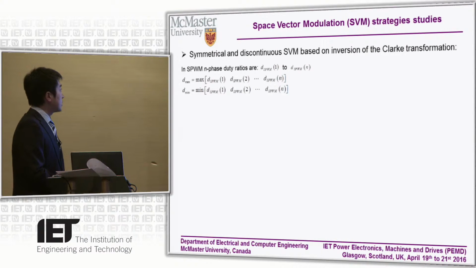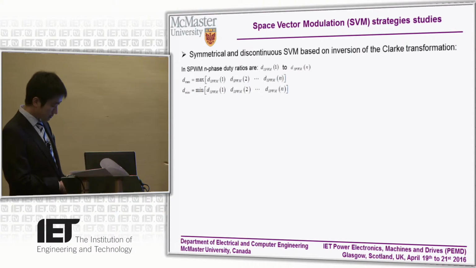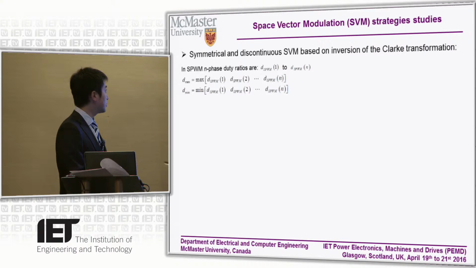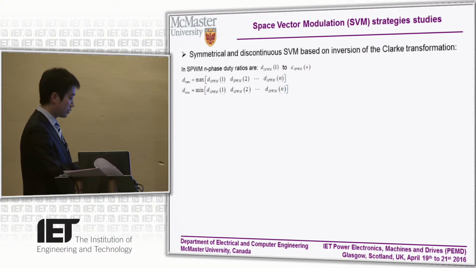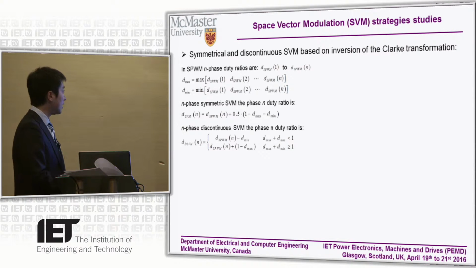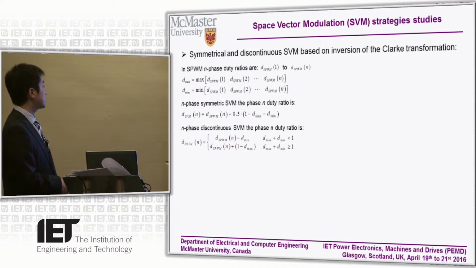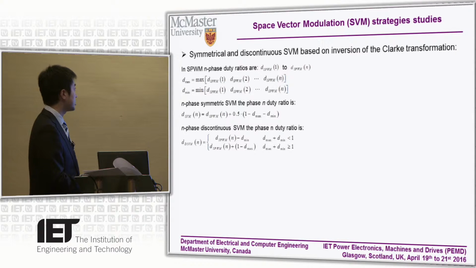For the symmetrical and discontinuous SVM strategies, first, we derive the duty ratios for phase N under the SPWM strategy, which is duty ratio 1 to duty ratio N here. And we also calculate the maximum and the minimum of the duty ratios.